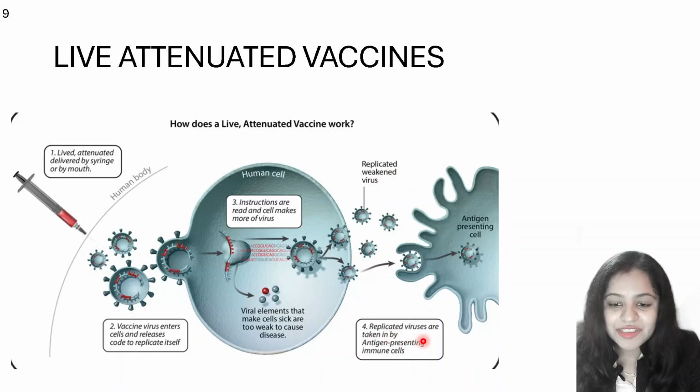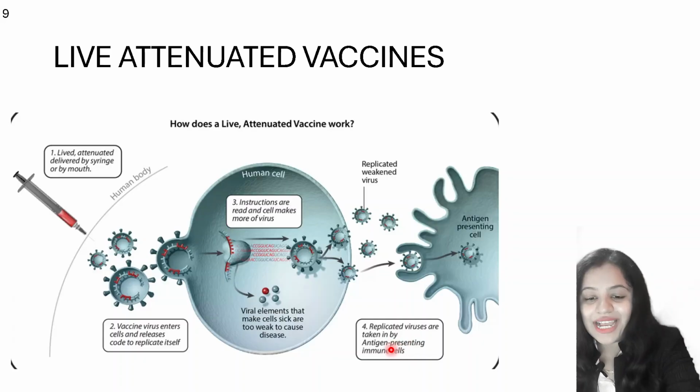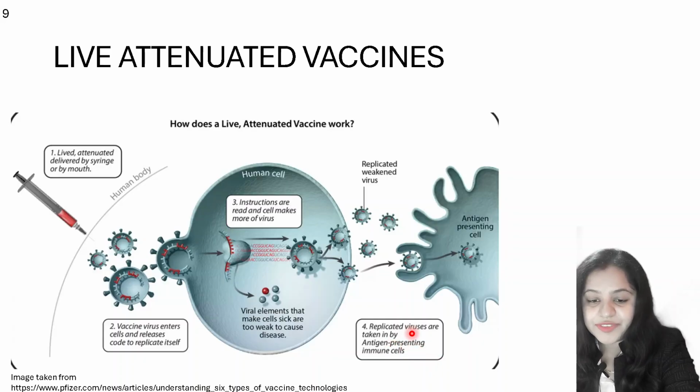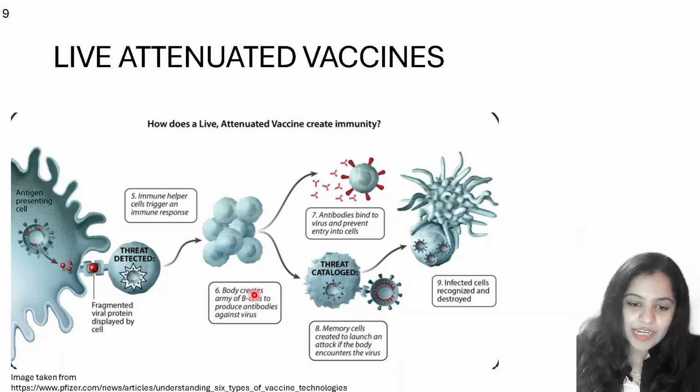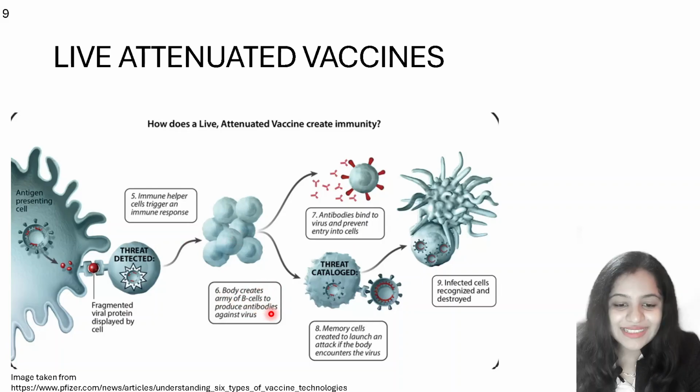Now these replicated organisms are taken in by the antigen presenting cell. Now you see the immune helper cell triggers the immune response after seeing this on the antigen presenting cell. Your body creates an army of B cells to produce antibodies against this virus or any organism, be it bacteria also.